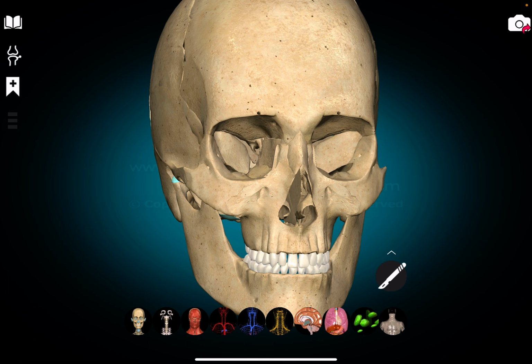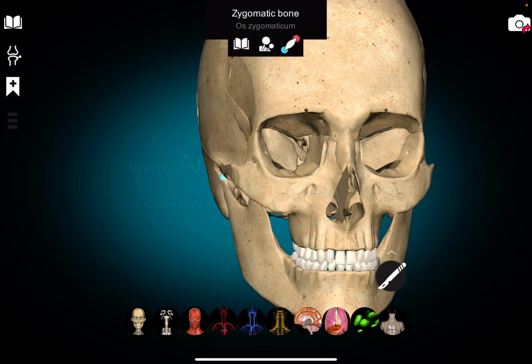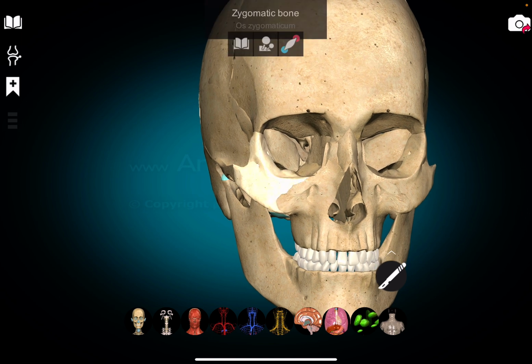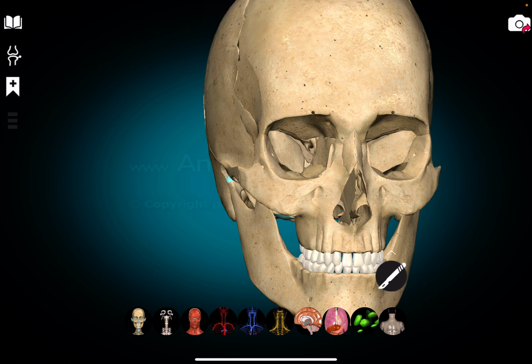Now, the lateral wall. There is a bone with 3 arms, and that is the zygomatic. This one, this one, this one. It articulates with the frontal.